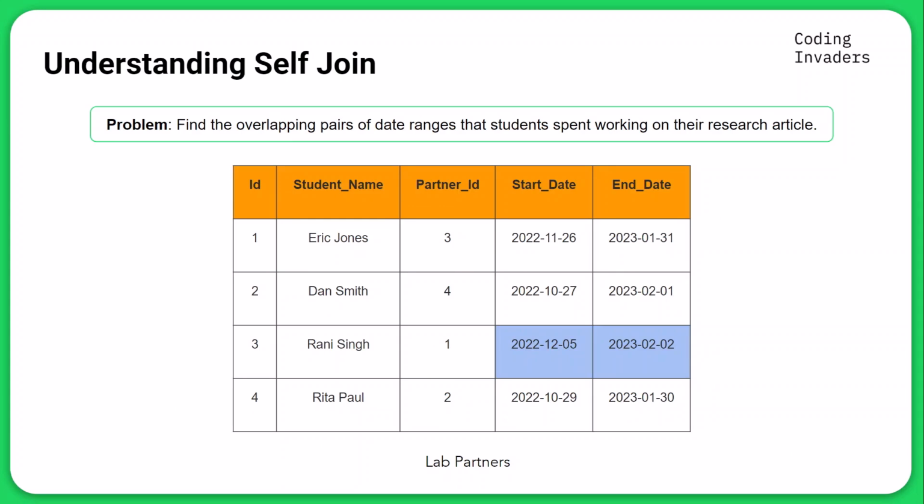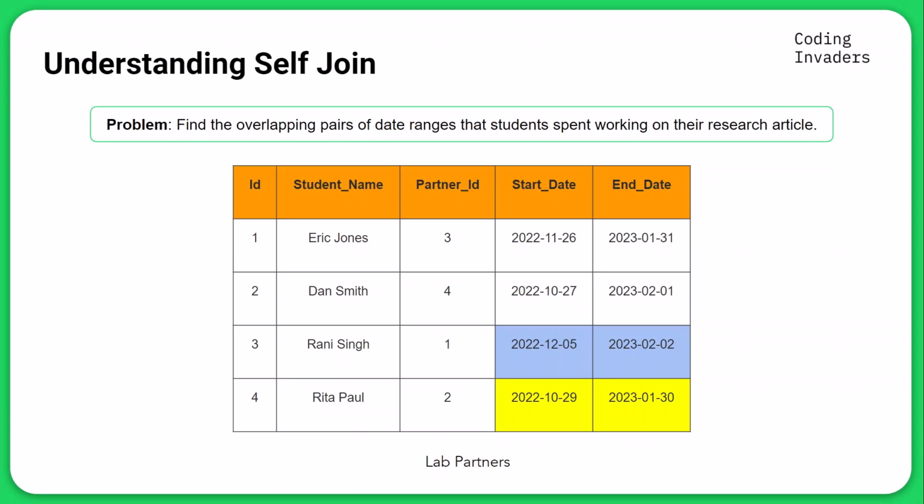Does any user overlap with ID3? Well, ignoring ID1 and ID2 to avoid duplicate entries, we have an overlapping date range with ID4, because the start date for ID3 is 2022 December 5th, whereas the end date is 2023 February 2nd. And if you see over here, we have an overlap not in the start date but in the end date.